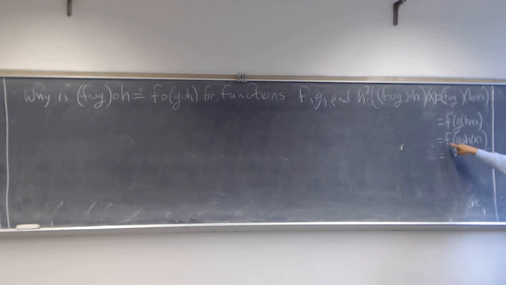But then if I have f of g circle h of x, and I plug that into that function, that's really the same thing as f composed with this function.